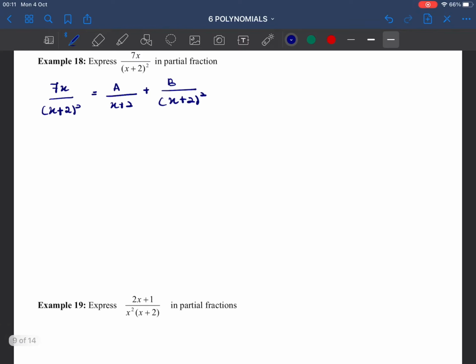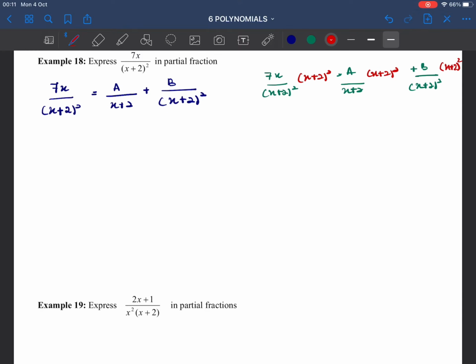And then now we are going to find our value of a and b. Okay, so now multiply everything with x plus 2 square. Okay, macam mana nak multiply everything tu? We have 7x. Okay, ini akan jadi times x plus 2 square. This one akan jadi a over x plus 2 times x plus 2 square as well. And the other one we have b over x plus 2 square times x plus 2 square. Okay, so let's see the first one.